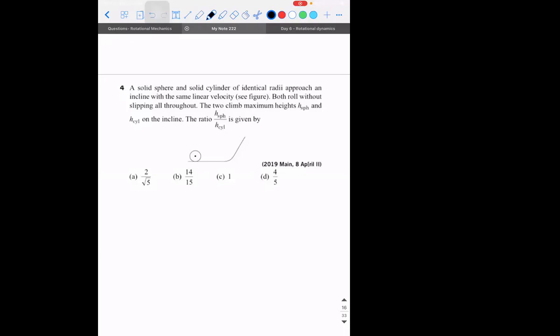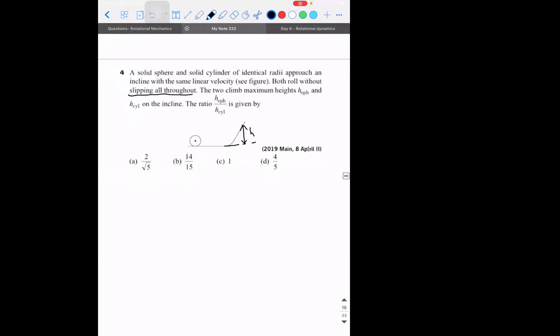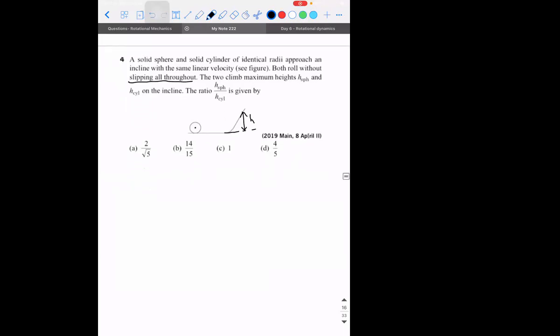It's very simple actually. If I take this as the reference, this is the height they are trying to talk about. They are rolling without slipping, so friction is doing no work for the translatory motion. So what are all the energy conversions taking place here? Whenever you see an incline, kinetic goes to potential. What kinetic? Rotational kinetic.